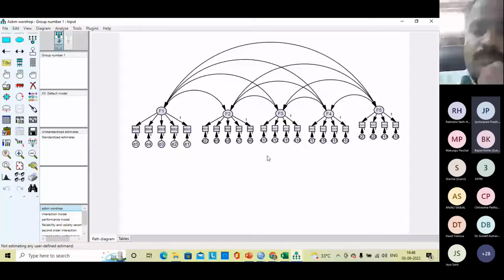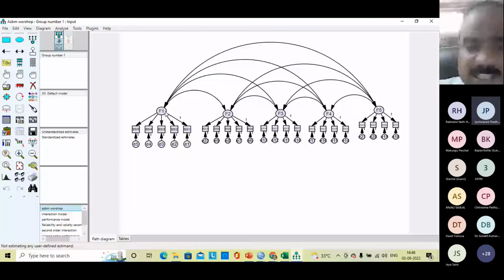Okay, so what we want to do now is to prove whether the same type of indicators are measuring F1 similarly over male and female, and the same question for F2, F3, F4, F5.